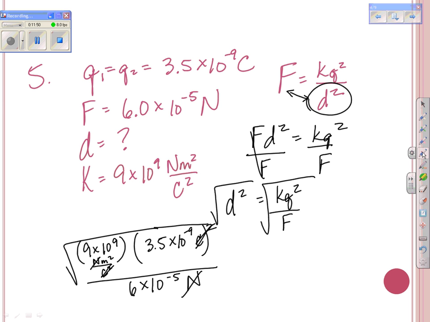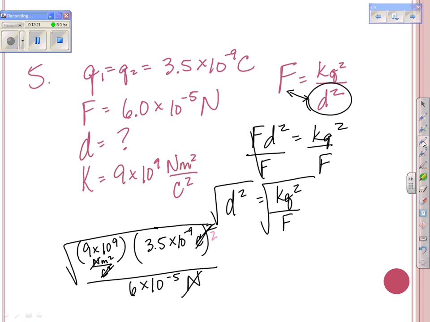When you take the square root of your meters squared, your answer will be in meters. So you'll multiply 9 EE 9 times 3.5 EE negative 9 squared, because we need to make sure we don't lose the squared, even though I canceled it out over here with my unit, divided by 6 EE negative 5 equals, then hit the square root button.